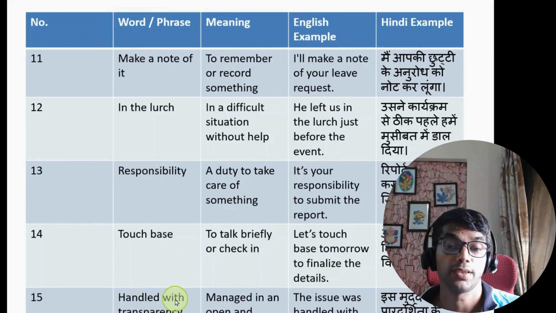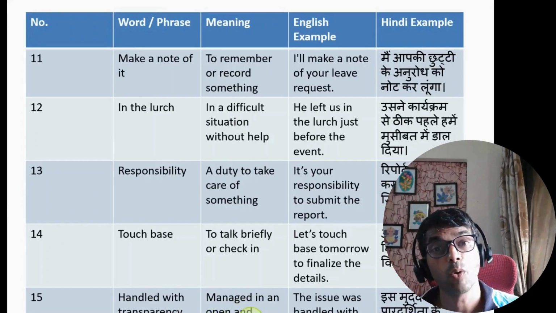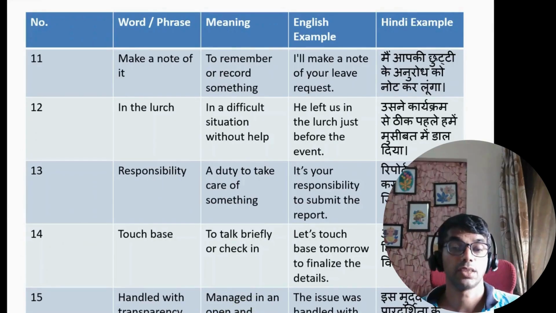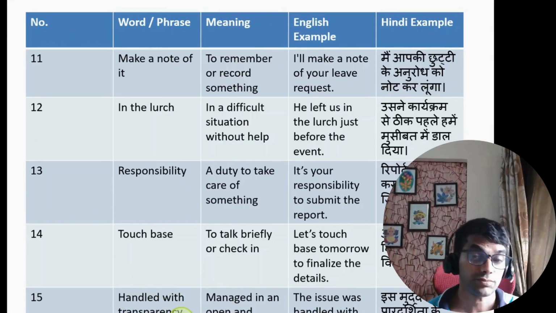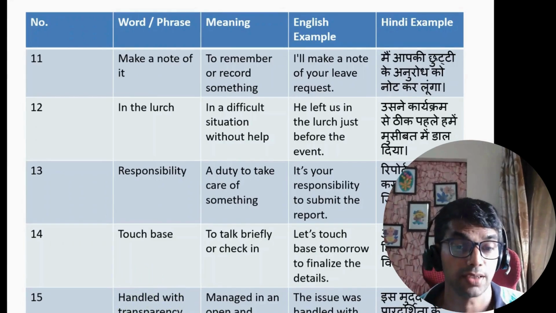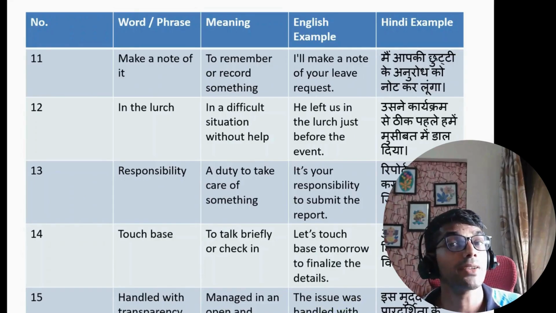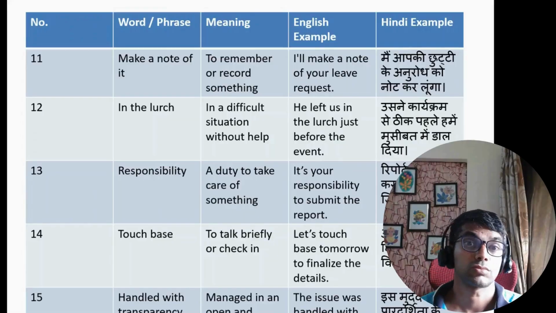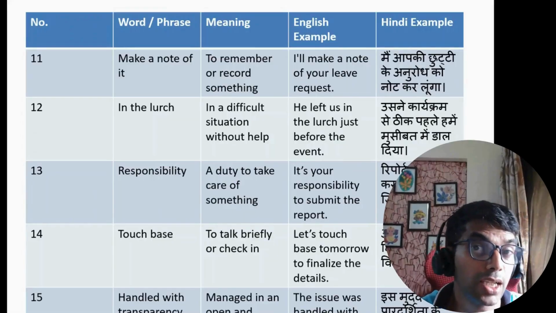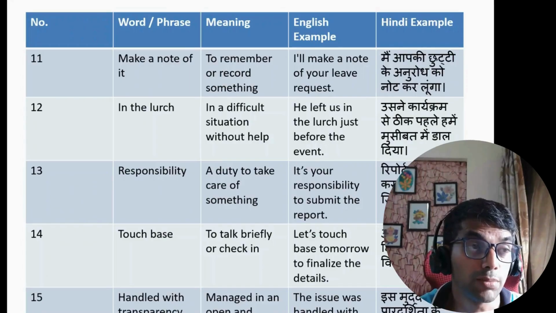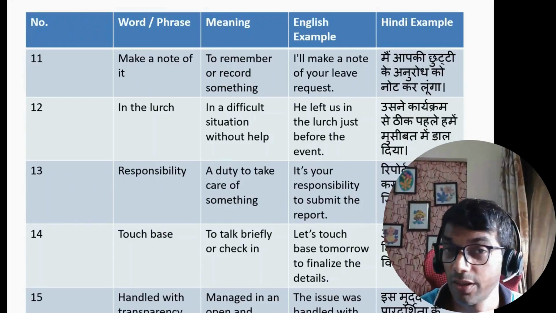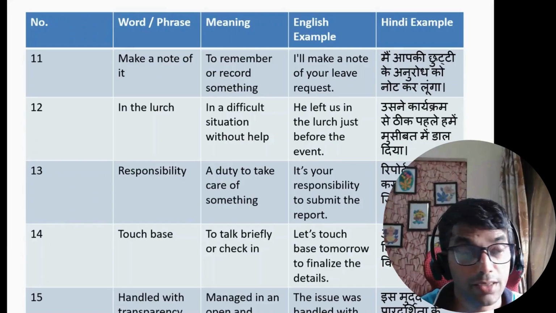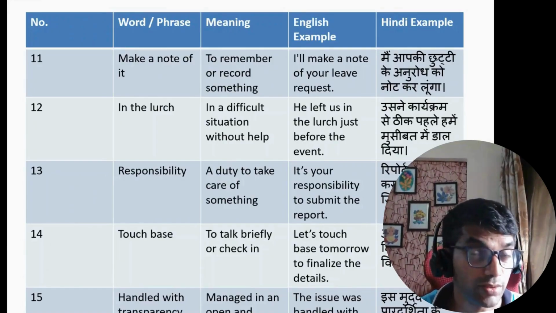Handled with transparency. Managed in an open and honest way. This is also used. I have heard it a lot. The issue was handled with transparency. In the IT field, I can give you an example. For example, there is a server, it goes down, and the customer has a lot of problems.